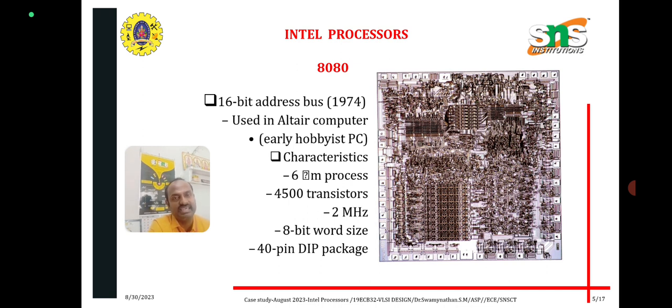So transistor size, area, power, everything is decided based on the nanometer technology nowadays. The 8080 is made of 4500 transistors, 2 megahertz, 8-bit word size, and 40 pin DIP package.